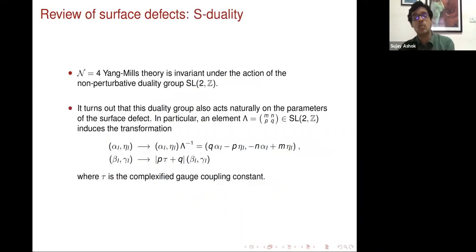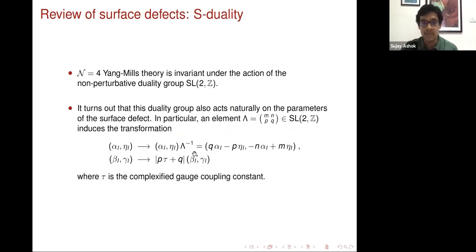There's one other property of the surface operators that is interesting, which is the fact that because we're in N=4, there's a non-perturbative duality group, which is the modular group SL(2,Z). And Gukov-Witten in their paper show that these parameters alpha, beta, gamma, eta transform naturally under this SL(2,Z) action. In particular, alpha and eta will get exchanged under this S action. Here I've given you how they transform under a generic group element.